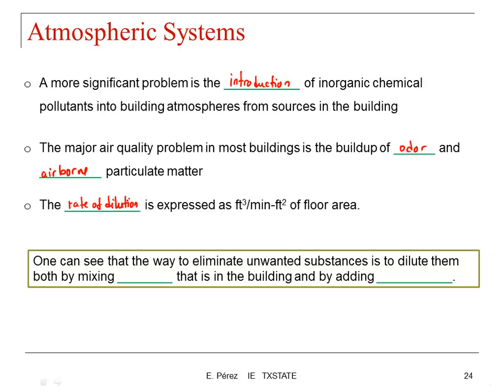One way to eliminate unwanted substances is to dilute them by both mixing the stale air that is in the building and by adding fresh outdoor air. So this is also important, specifically when you have very sealed facilities. You want to keep a source of fresh outdoor air coming into your facility so you can eliminate those problems with the air quality.